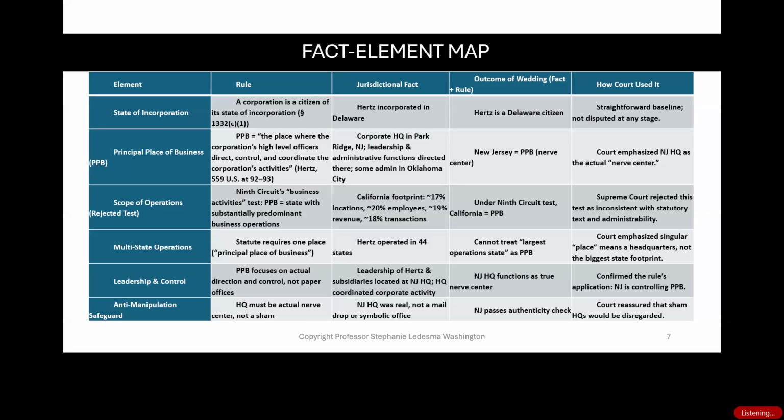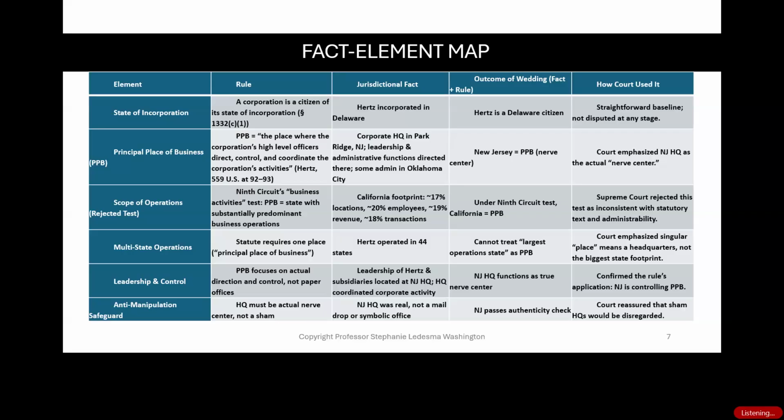Well, where does that fact go? It's going to go with my state of incorporation. Remember, 28 USC 1332(c)(1). What's the very first paradigm? State of incorporation.